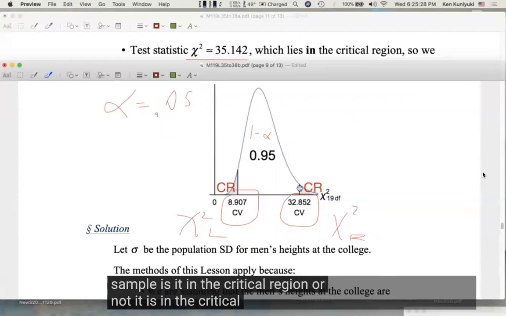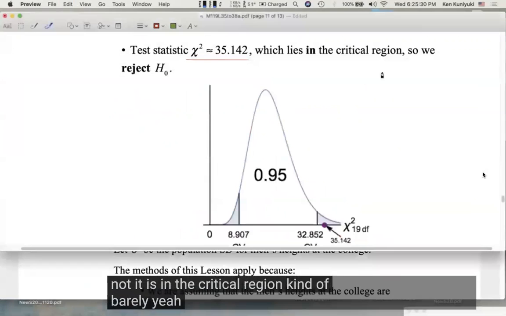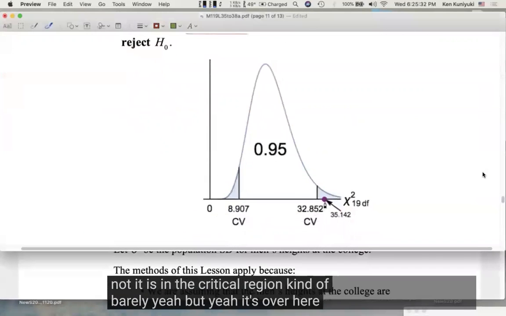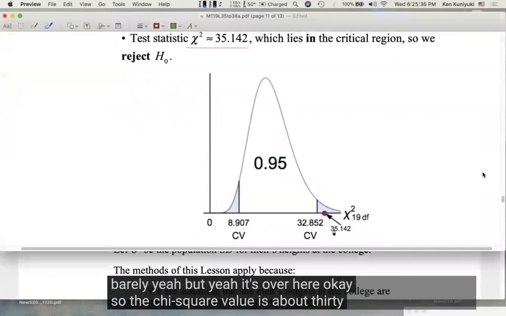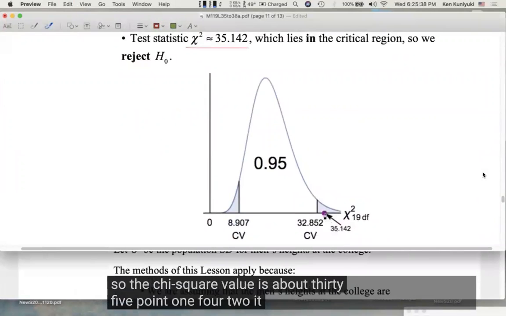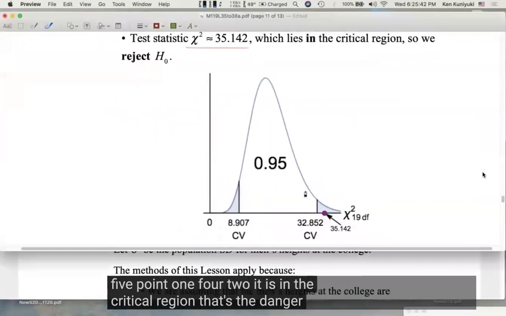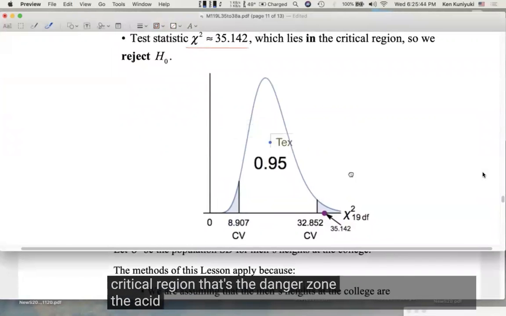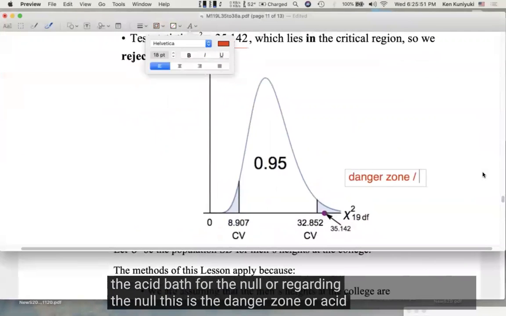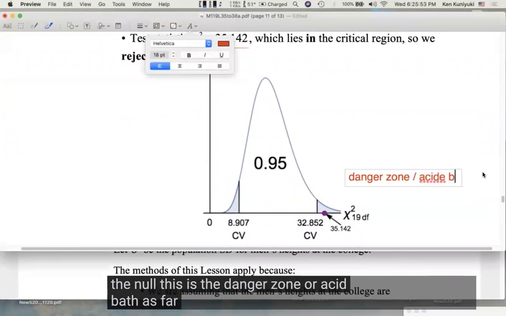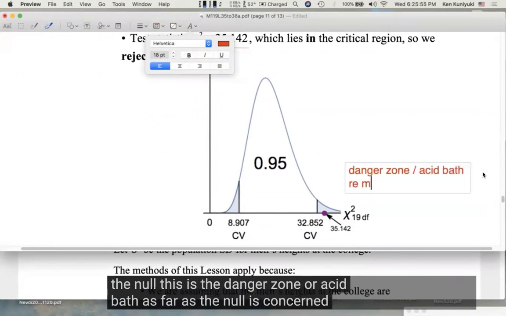It is, kind of barely, but yes, it's over here. That's the danger zone, the acid bath, as far as the null is concerned.